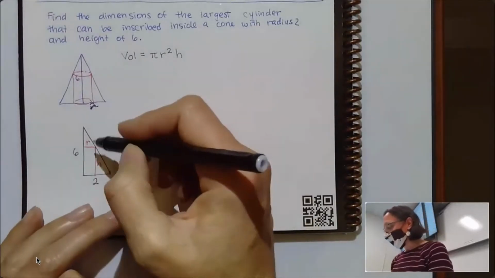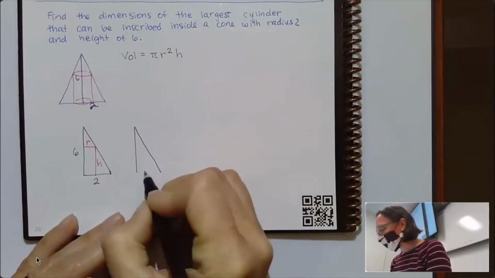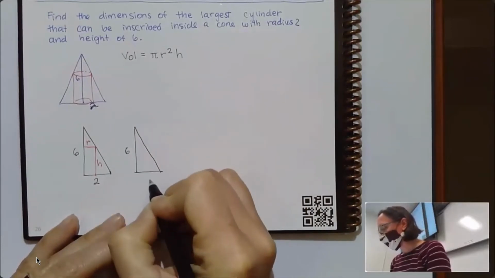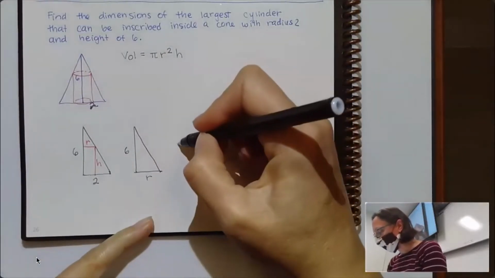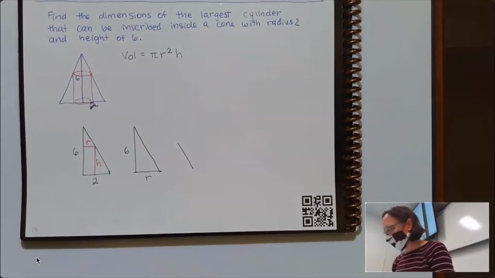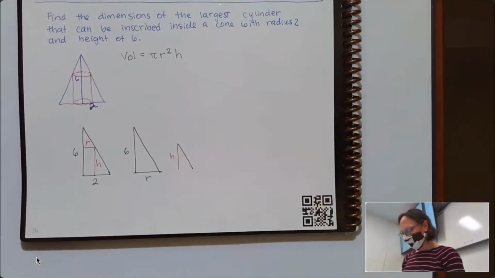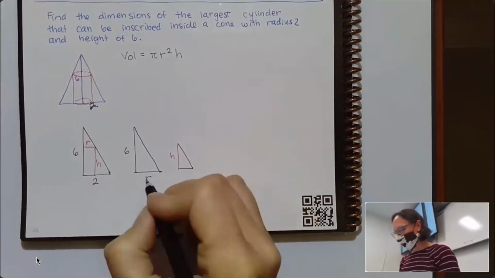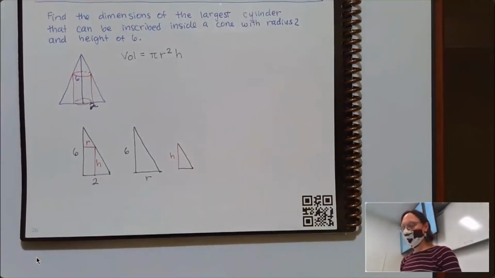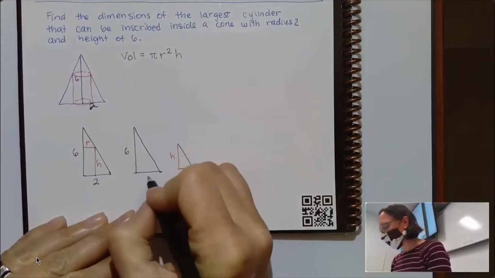So if I look at the big triangle, that's got a height of 6 and a radius of 2. And if I look at this smaller one from the corner, it has a height of H. And this side, I don't know why I keep saying 2 and writing R. It's a 2.